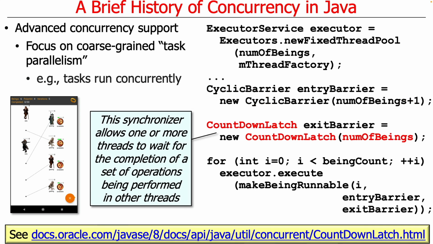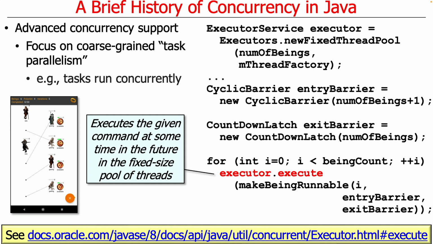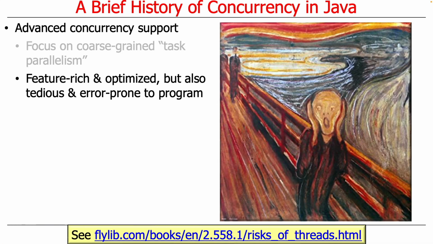And then once we've initialized those things, we're going to create runnables, which are tasks, and we're going to execute them by giving them to the thread pool executor, which will schedule them and run them when there's room for a thread to do some processing on the being. So that's essentially how we do concurrency with Java 5 level abstractions, like the executor framework.